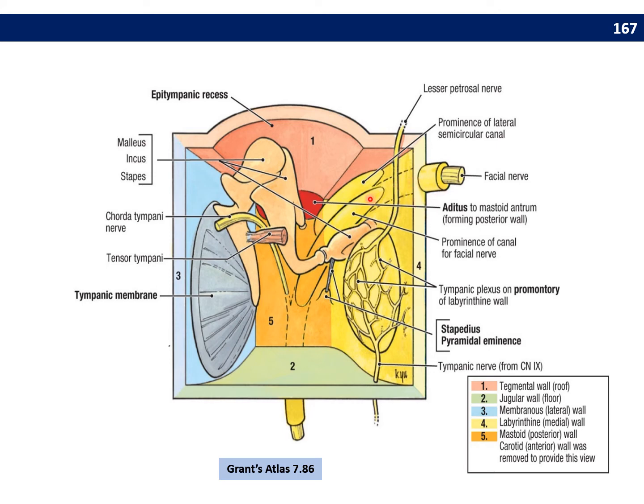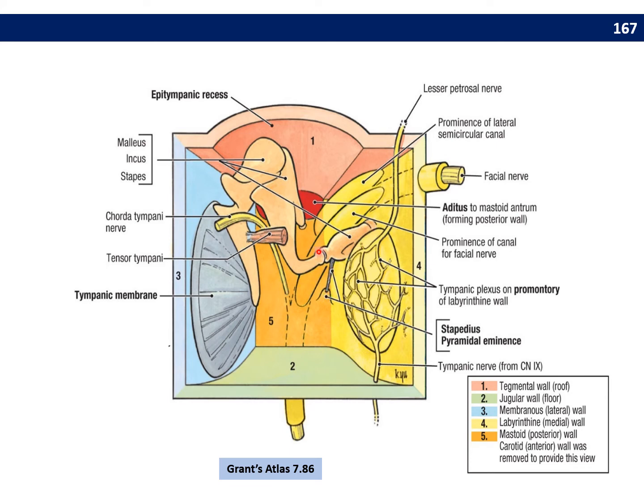The facial nerve is going through this facial canal, and along the way it gives off the nerve to the stapedius, which is this little tiny muscle here. Stapedius is this muscle, and when it contracts, it limits the oscillations of the stapes at the oval window, dampening the sound a bit, or at least the oscillations, which then results in decreasing the sound.